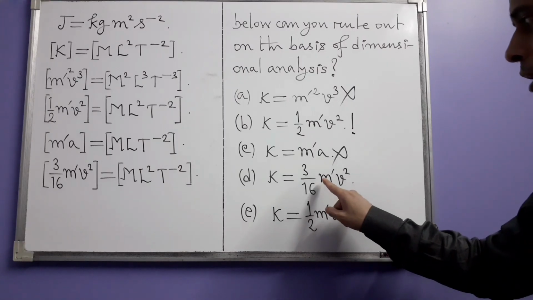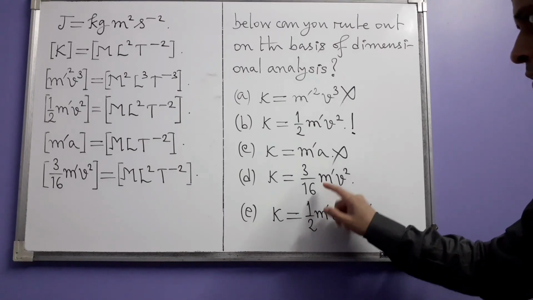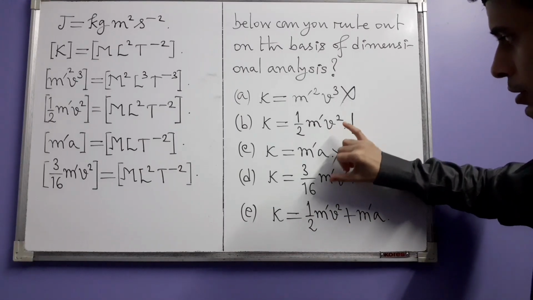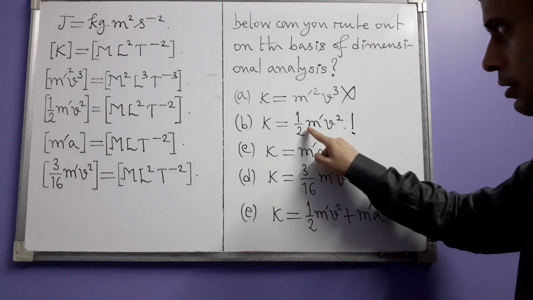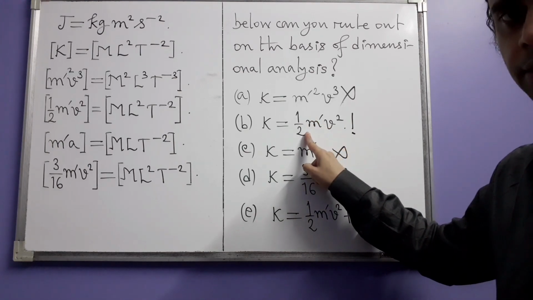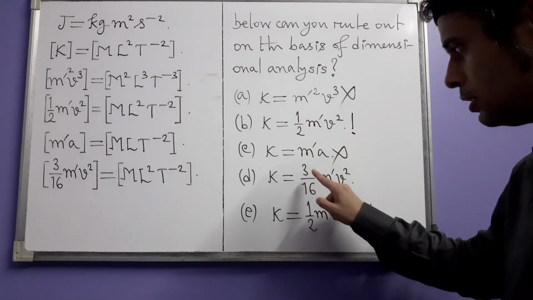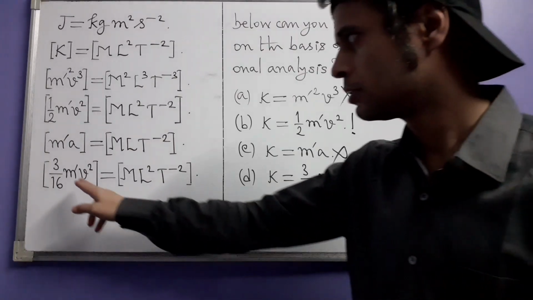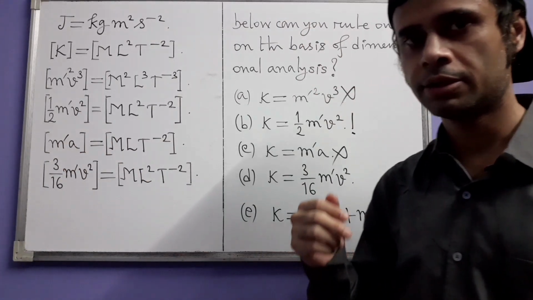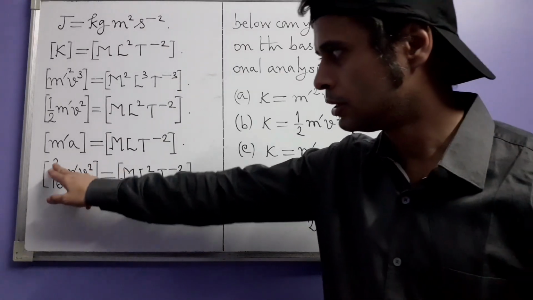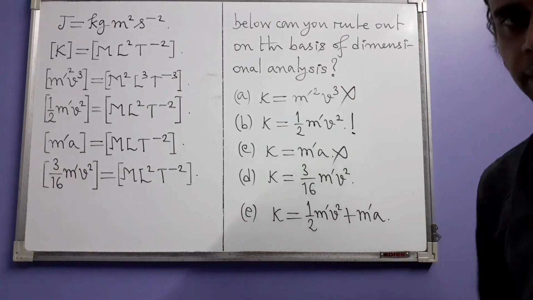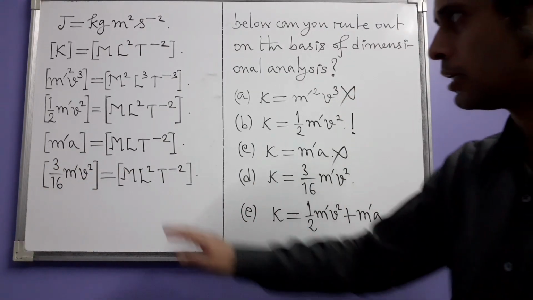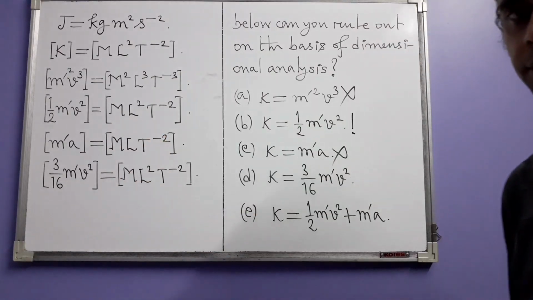But then next you have this one, where it's almost like this one, only the difference is that here you had 1 over 2, here you are having 3 over 16. But when you calculate the dimension, just like 1 over 2 had no effect on the dimension, 3 over 16 also does not affect the dimension, and you end up having actually the same dimension.